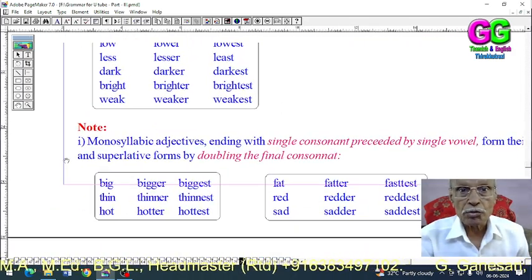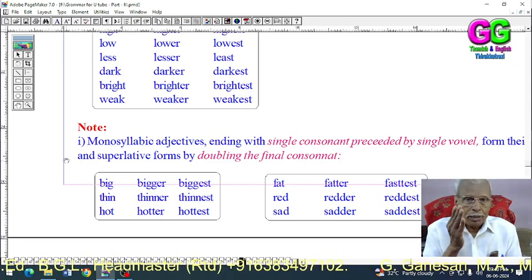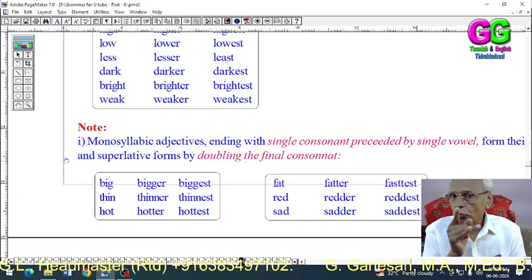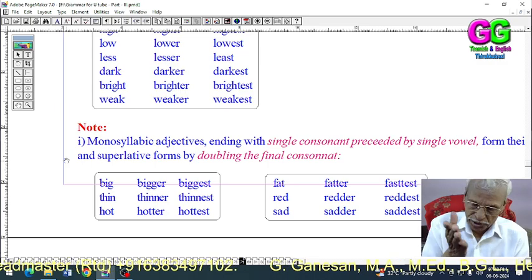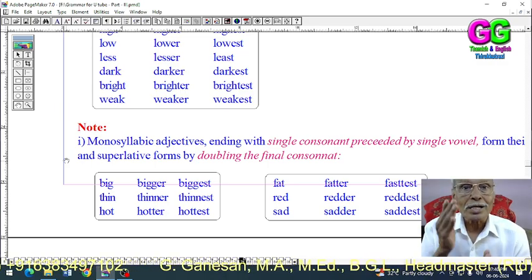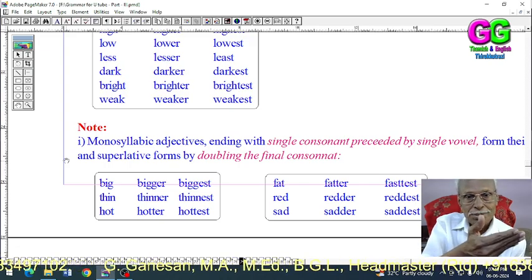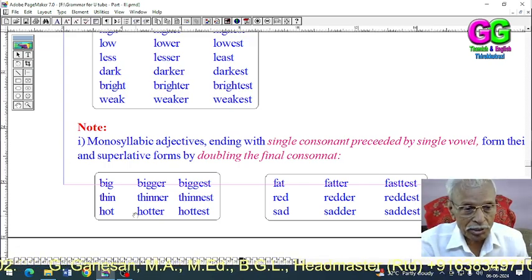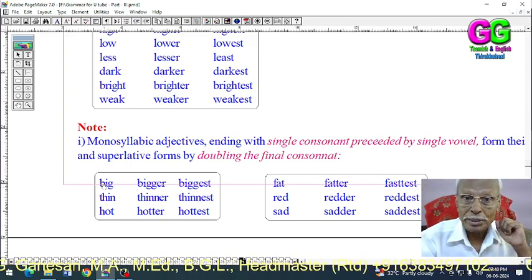And some notes we have to see. If the monosyllabic adjective ends in a single consonant preceded by a single vowel, let us see the word. Big is a monosyllabic adjective.